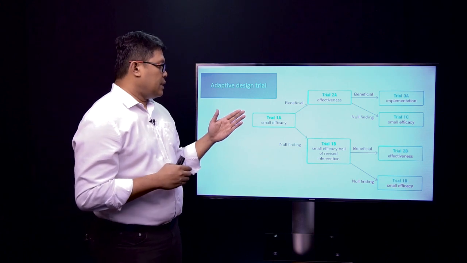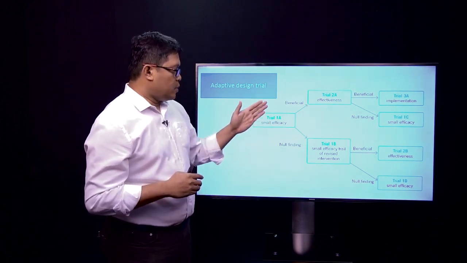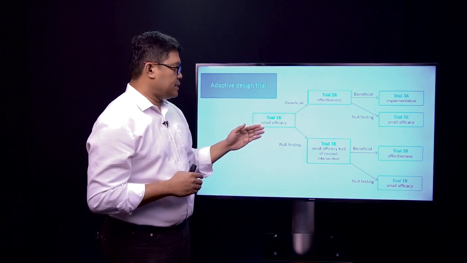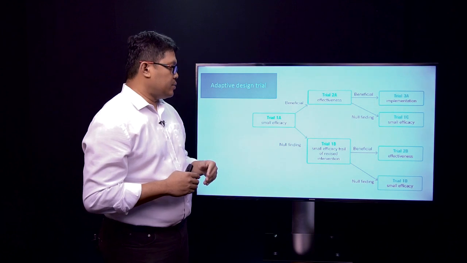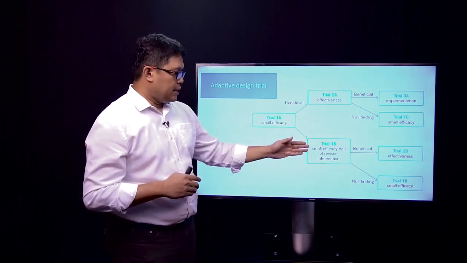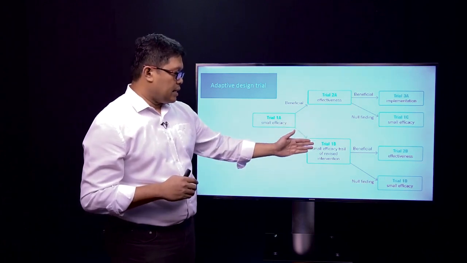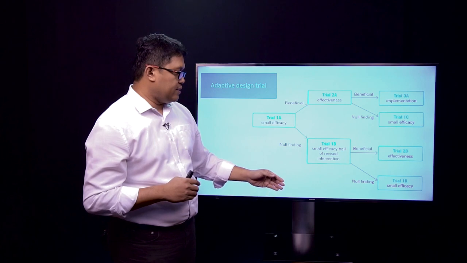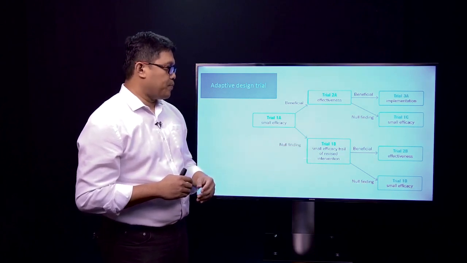For example, if there is a beneficial response of the participants, they can go to trial 2, and here if there is no response from the participants, they can go to trial 1B, which is an additional intervention for this participant group.